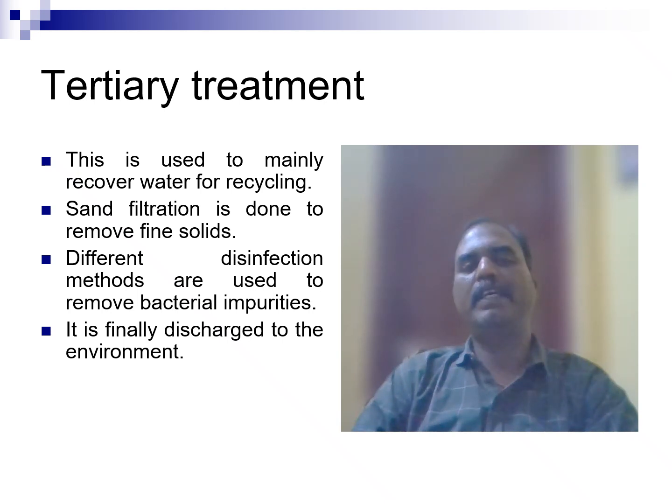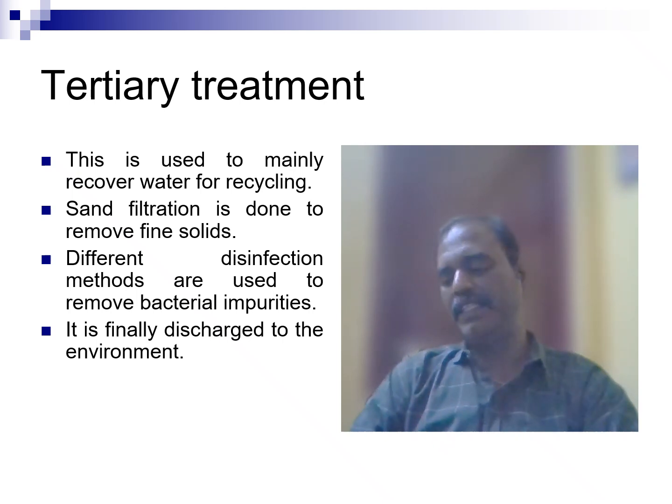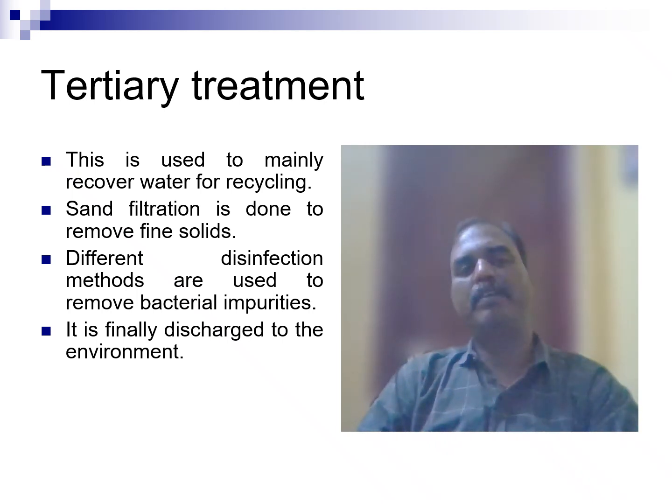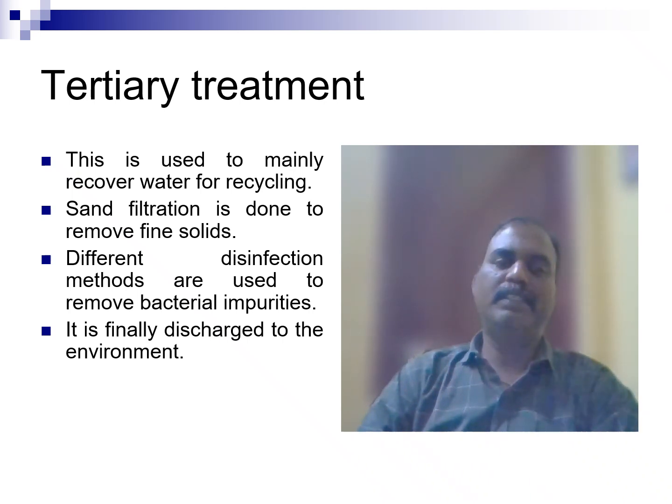Finally, we have to do the bacterial test. According to the bacterial content, we can choose the disinfection method. We can go for ozonization, or you can go for bleaching powder, that is chlorination. The municipality selects bleaching powder, which is the cheapest and best method.